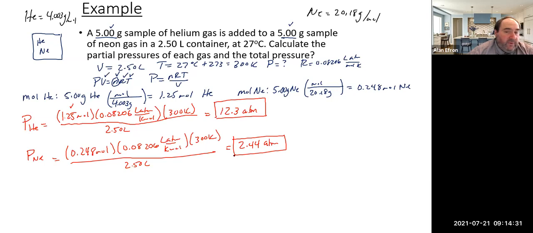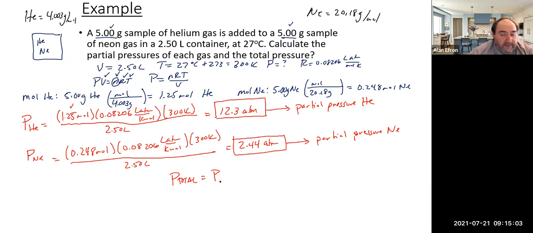These 2 numbers, just so we're clear, the 12.3 represents the partial pressure of helium. The 2.44 represents the partial pressure of neon. The last thing that we're interested in is what is the total pressure? Remember that the total pressure really is just adding up all of the partial pressures.